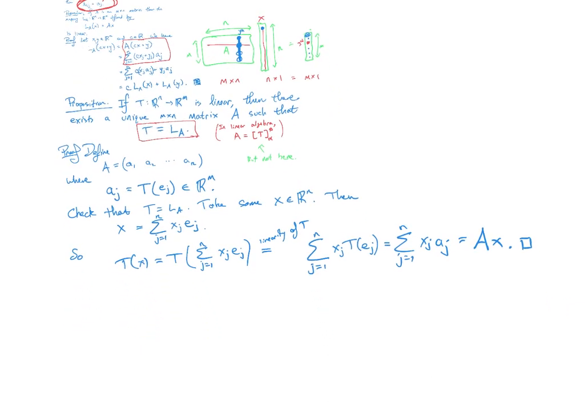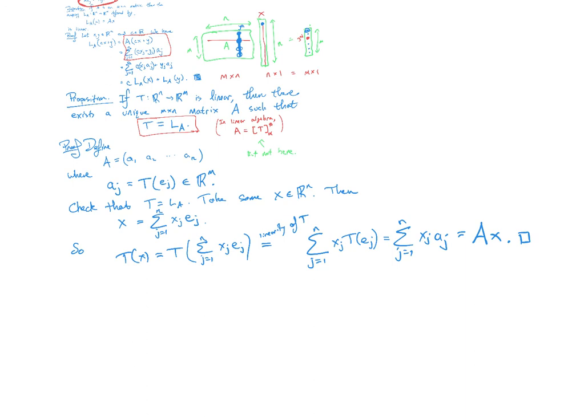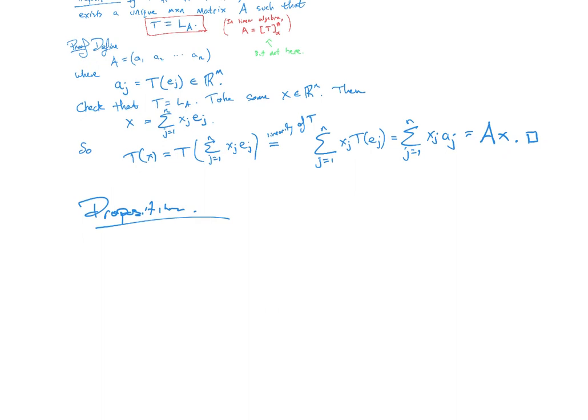Now, one thing I'm not going to prove, I'll do this in the lecture notes. This is another proposition. We aren't going to get to it, but I do want to state it. Let's say you have S from Rn to Rm, and T from Rm to Rp. We run out of good variables at this point.